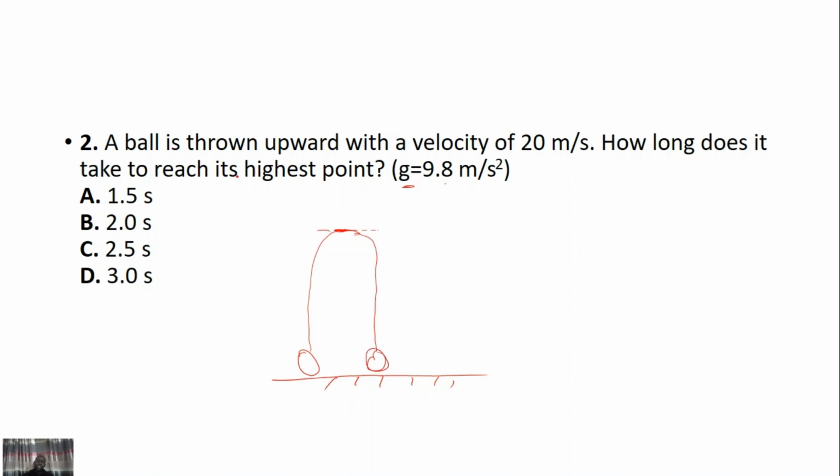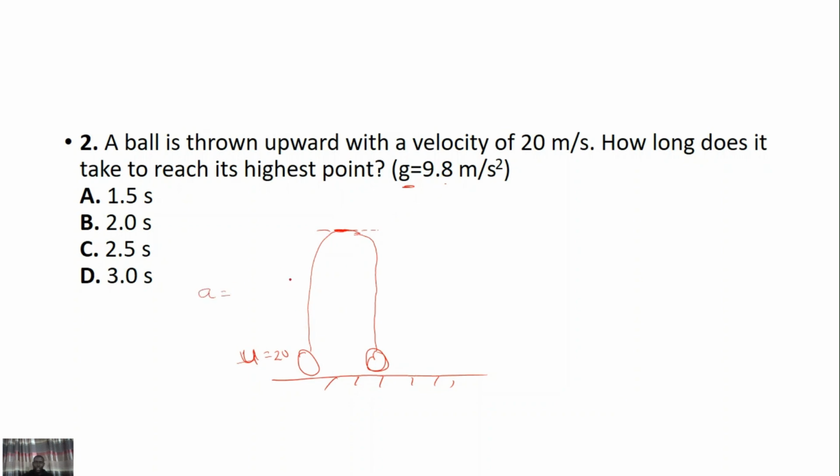Now, they said the ball is thrown upward with a velocity of 20 meters per second, meaning that the initial velocity here is equal to 20 meters per second. How long does it take to reach its highest point? And we know that the acceleration is equal to 9.8.